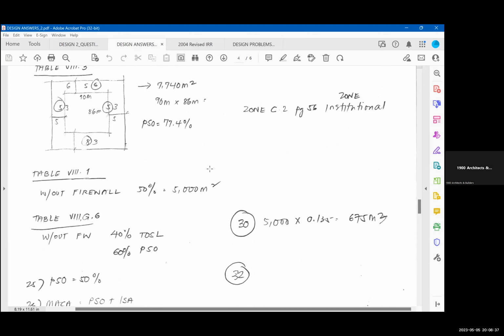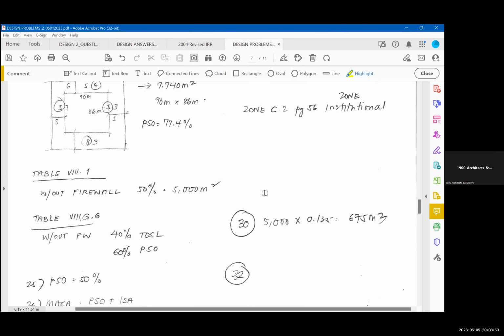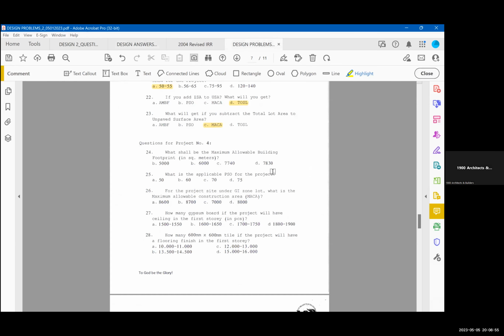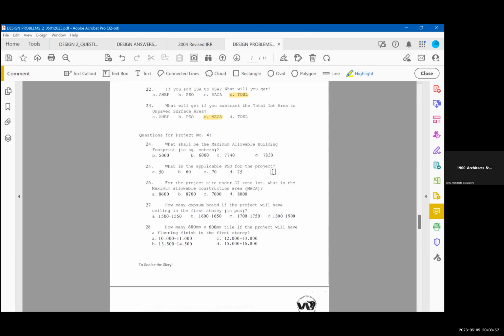So, ang nakalagay dito, what shall be the maximum allowable? So, maximum, dun tayo sa maximum. So, yung mataas. So the answer would be based from compare ko yung 7,740 saka 5,000. So our answer will be letter C, 7,700.